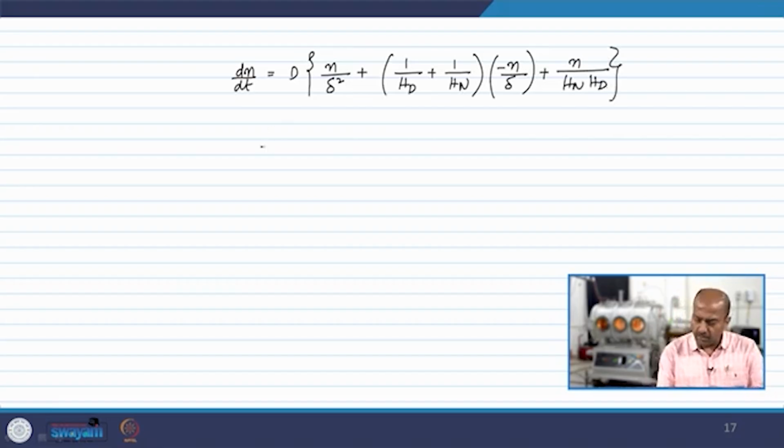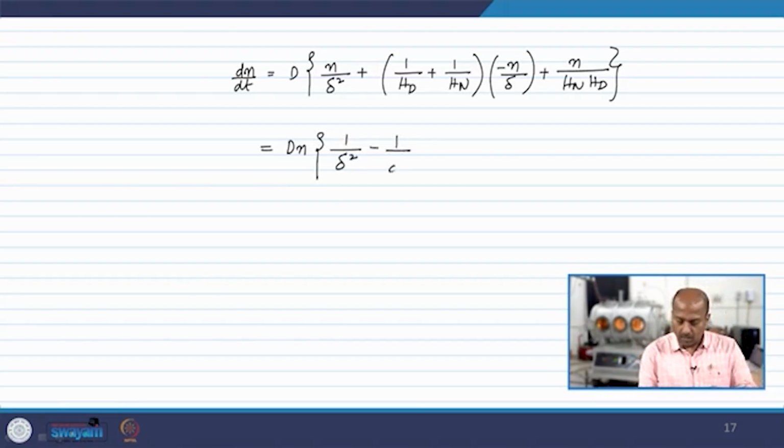Slightly rearranging the terms, we can pull out n and write it as 1/δ² minus 1/δ times (1/Hd + 1/Hn).